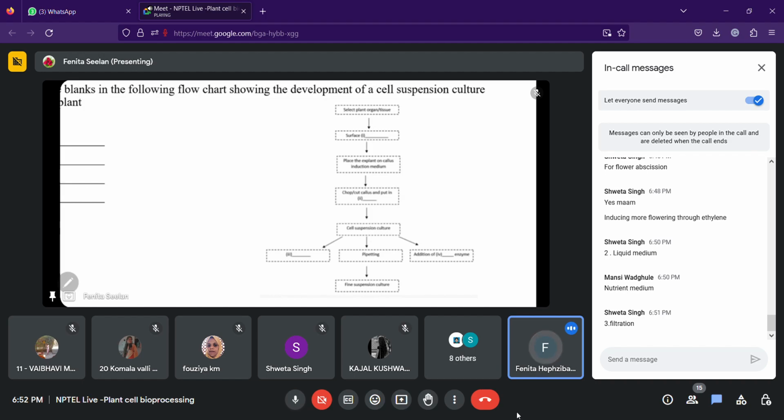Have you heard about the enzyme pectinase? Does it ring a bell? Pectinase. Yes, ma'am, you will be adding pectinase. Okay, let's start discussing this particular flow chart.